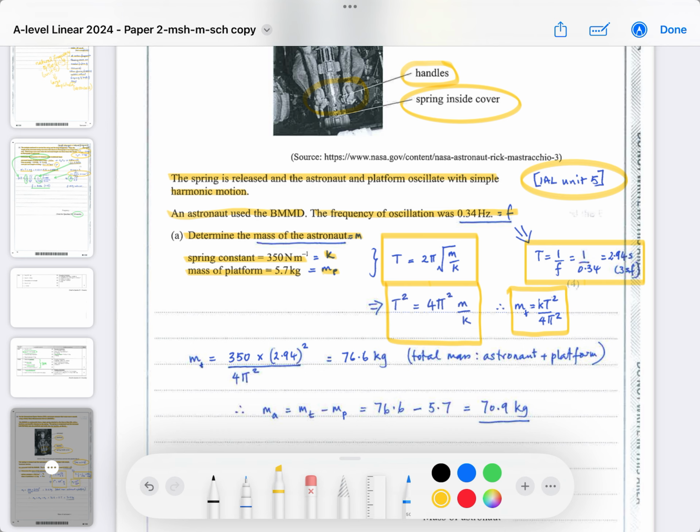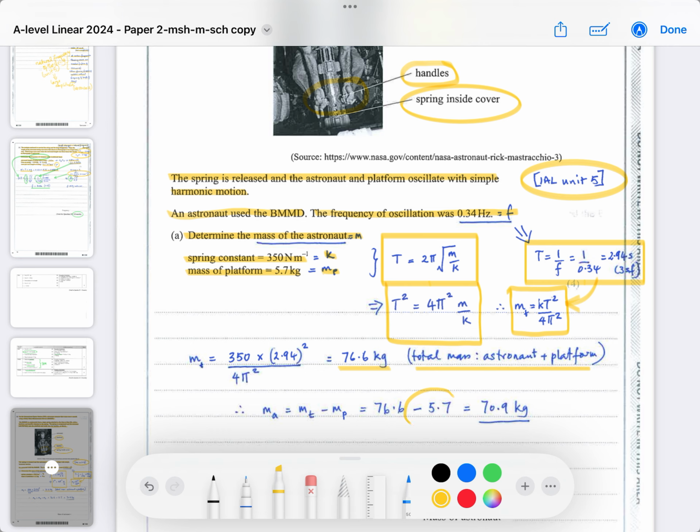We know k, we know the period from here, so the period can just be put into this equation, and obviously we know 4 pi squared, so it's just putting numbers in. So then we get the total mass is 76.6. Yeah, so that's the astronaut and the platform together.